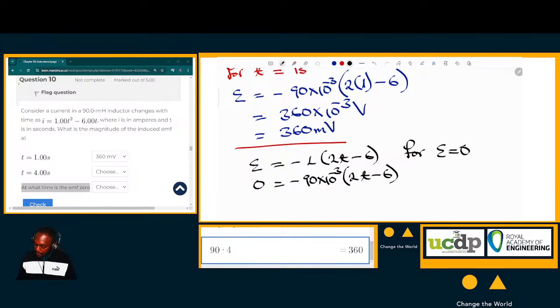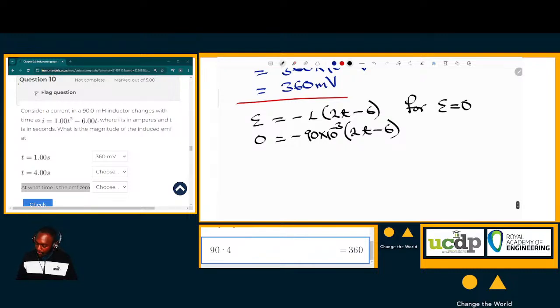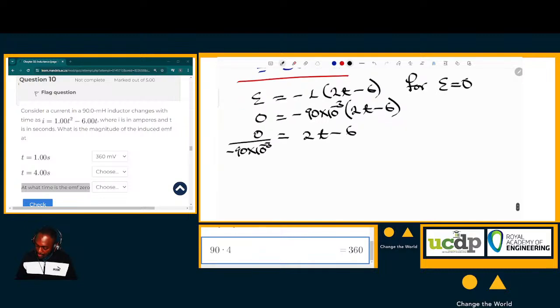You can divide both sides by 90 times 10 to the negative 3, so that's 0 over 90 times 10 to the negative 3, and you remain with 2t minus 6 equals 0.